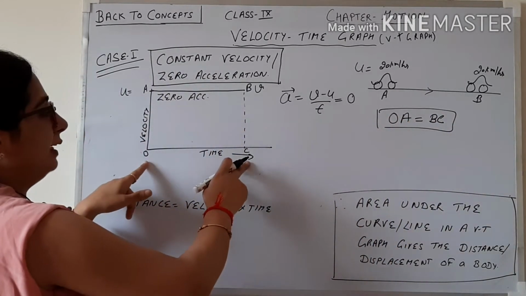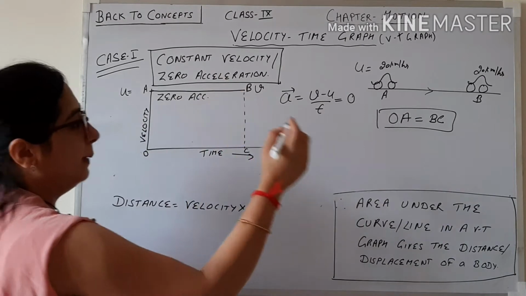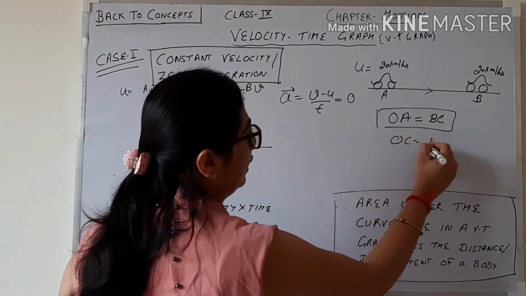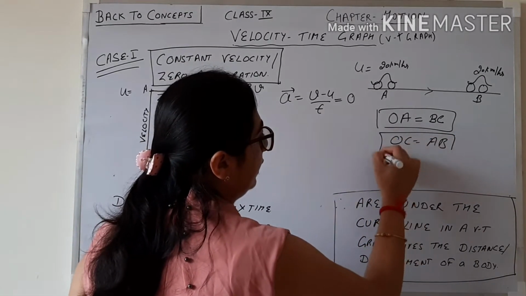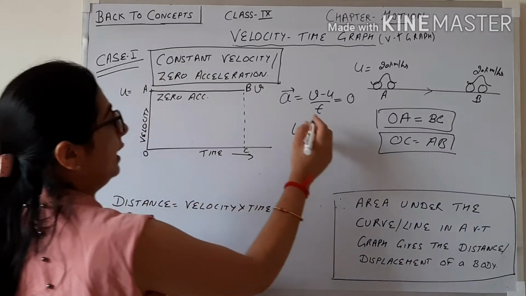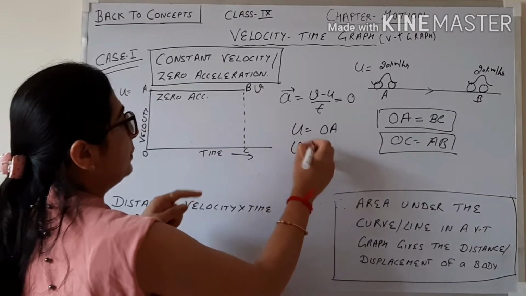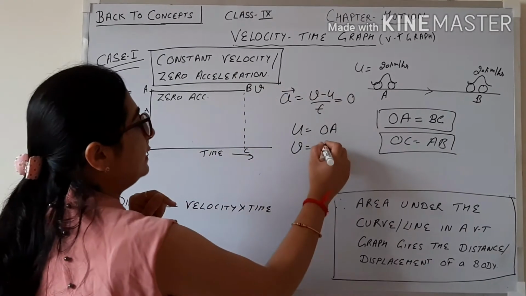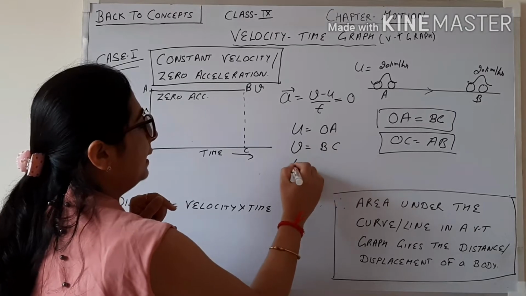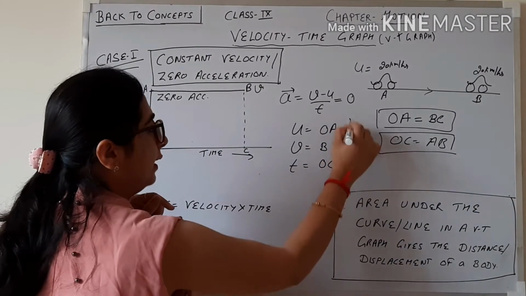The time interval is equal to OC, and we notice that OC is equal to AB. Here initial velocity is represented by OA and the final velocity v is represented by BC, and the time interval is represented by OC.